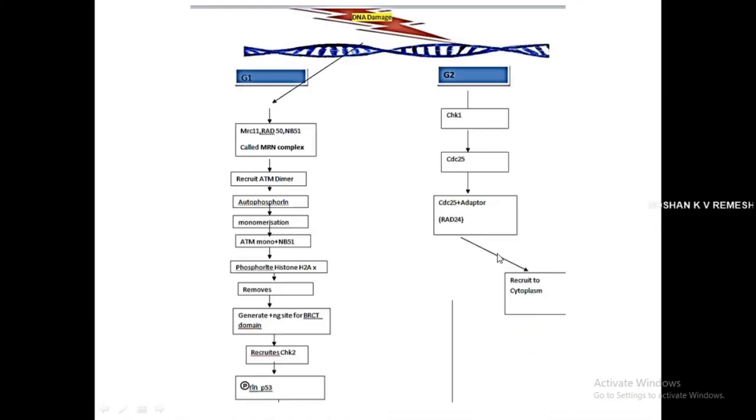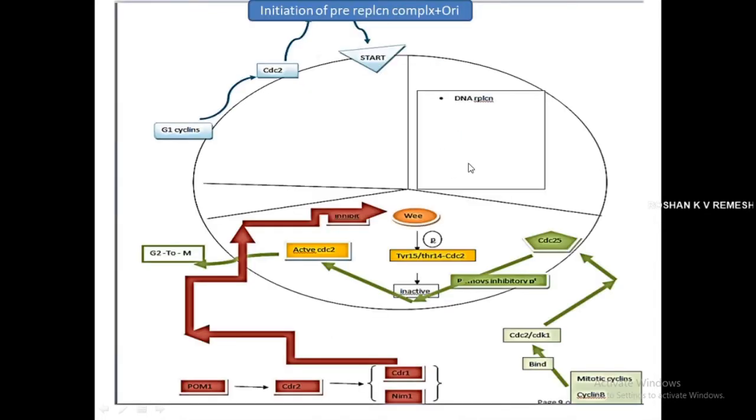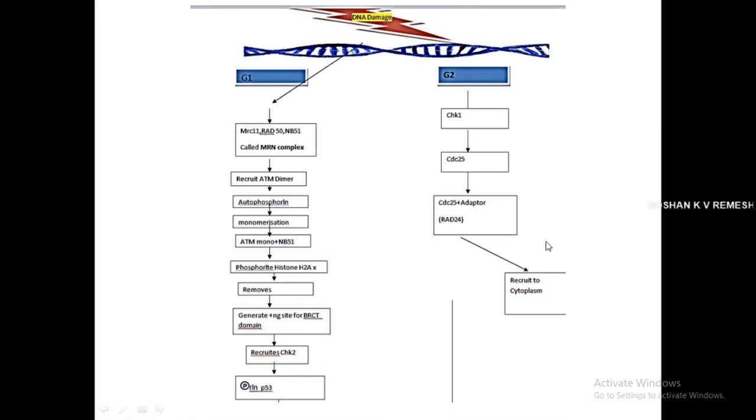But here what happens is that CHK1 phosphorylates CDC25. Then the CDC25 can now interact with another protein that is an adapter, which may also be known as RAD24. Then that adapter recruits the CDC25 from the nucleoplasm into the cytoplasm.